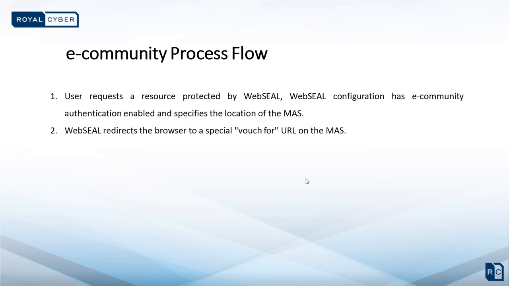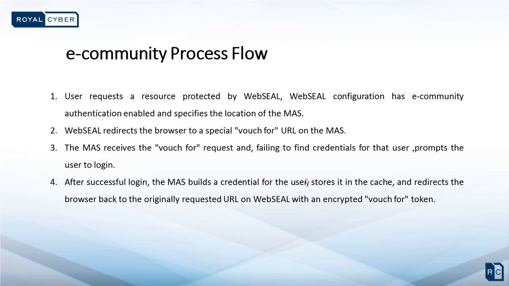Normally, when a user requests a resource from a WebSphere server where the user has not established a valid session, the WebSphere server identifies the vouch for server and requests verification from this vouch for server that the user has authenticated.